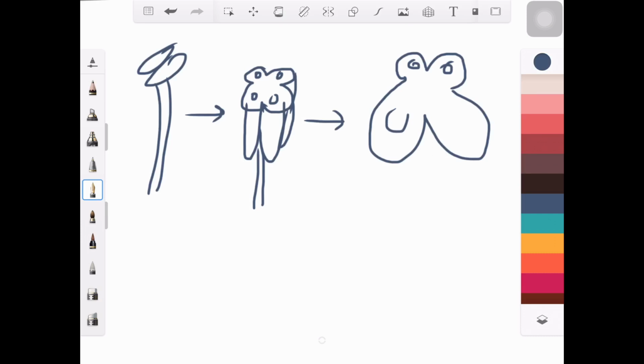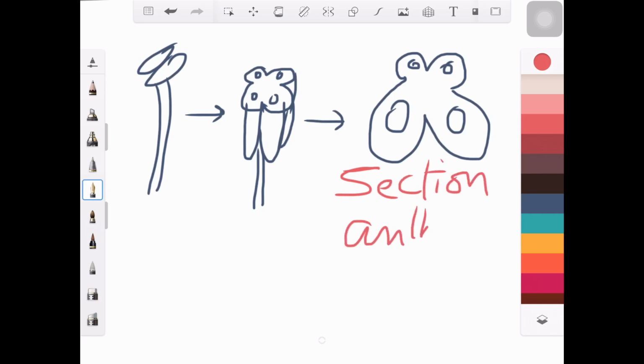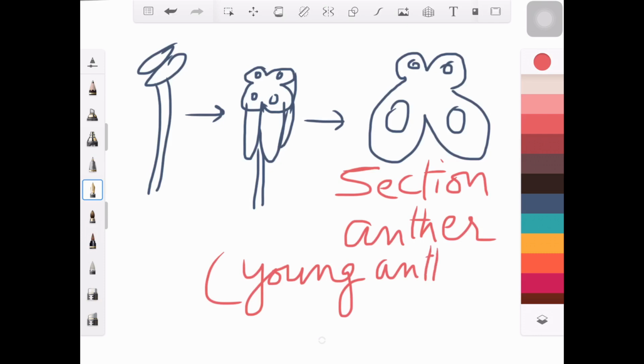Something like this we drew. This is the section of the anther. And what kind of anther? Young anther, this is the diagram of.